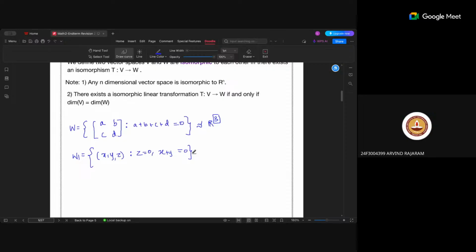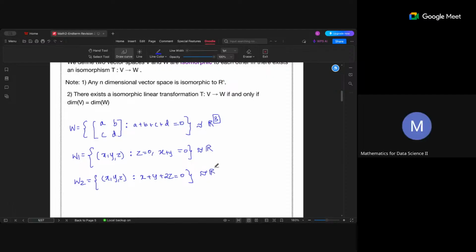R1, which is just R. Now let's say W2 is the set of all (x, y, z) such that x plus y plus 2z is equal to 0. Now this is isomorphic to R2.